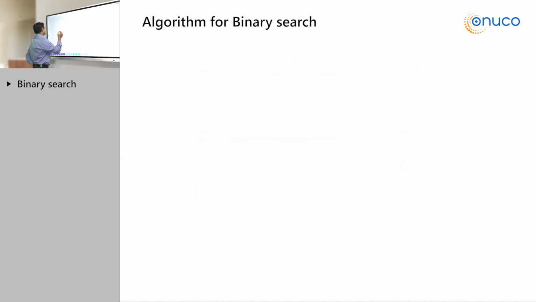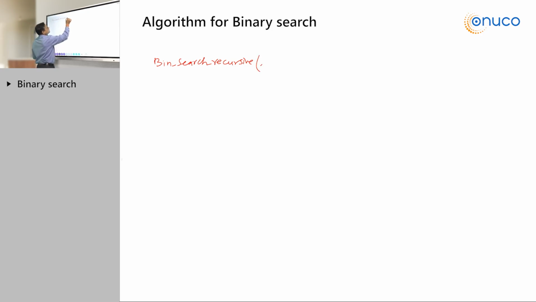Algorithm for binary search. Let us see that. There are 2 algorithms for binary search. Either you can write recursive algorithms or non-recursive algorithms. So say we are going to write the binary search recursive algorithm, and we are going to discuss binary search non-recursive as well.